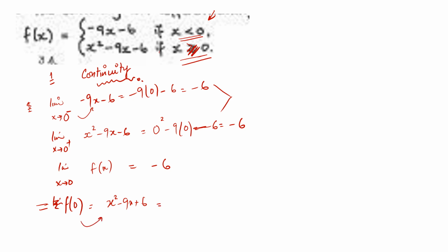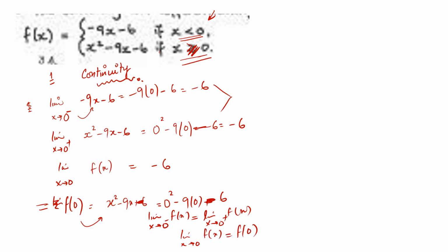If I apply 0 to the function, I also get negative 6. So I can write that limit as x approaches 0 from the left side equals the limit from the right-hand side, equals the limit from both sides, equals the function itself at 0. The conclusion is that the function is continuous.